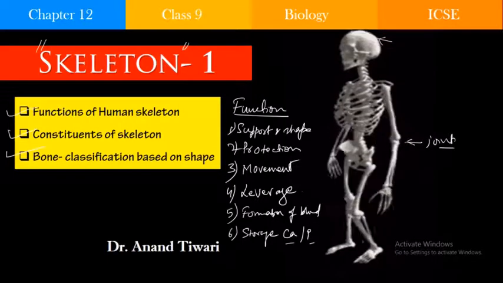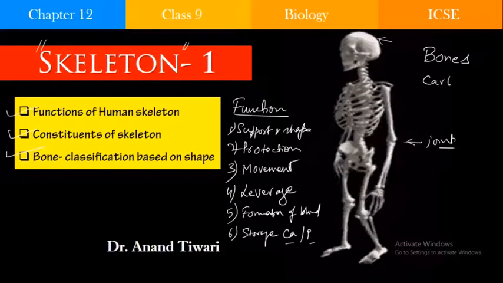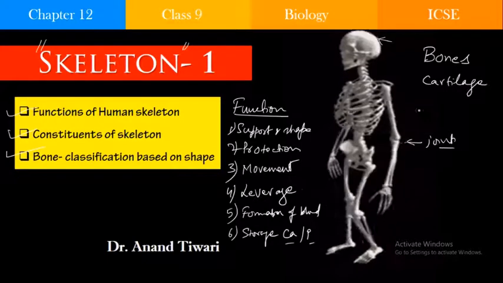Next, what are the constituents of this skeleton? Obviously we can see that the bones are there. In addition to bones there is cartilage, and there are ligaments.